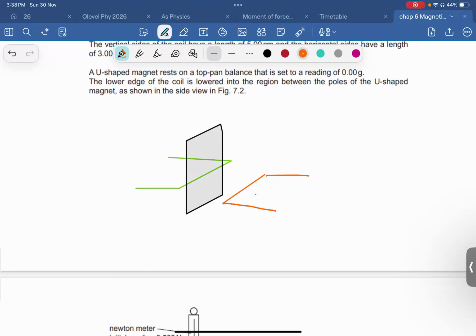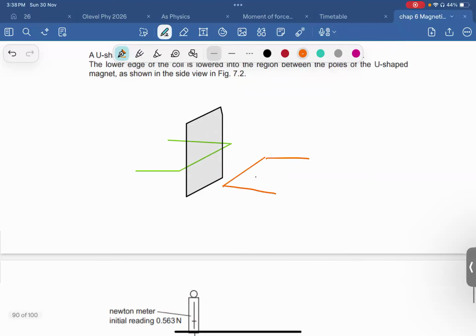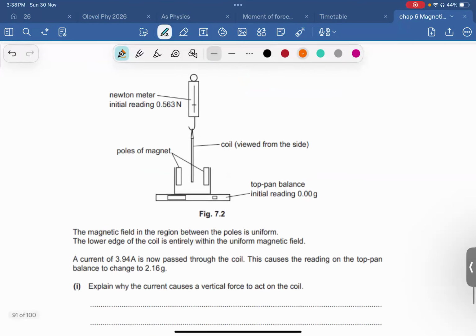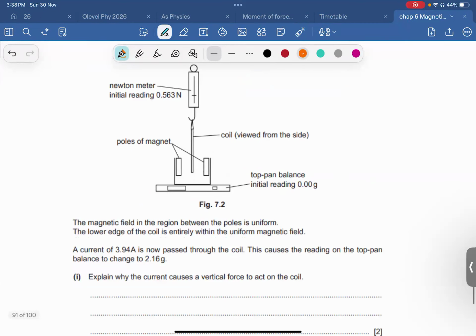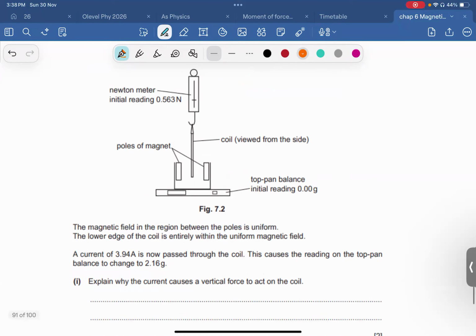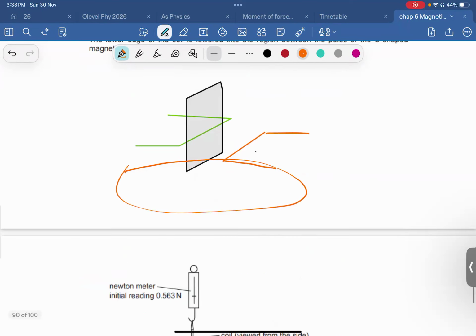And both are placed on the top pan balance. Okay, so let's say I have this top pan balance, right? Now, they're saying the current passes through the coil, okay? And the reading changes. This means we know that the way the pan balance reads is the normal reaction force, which is in this vertically upward direction, okay?